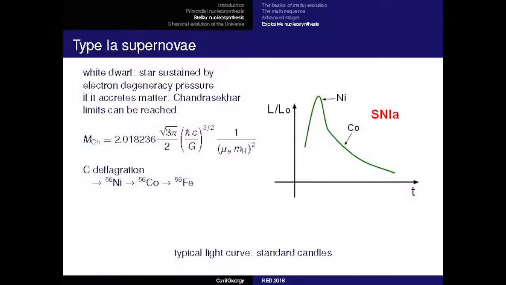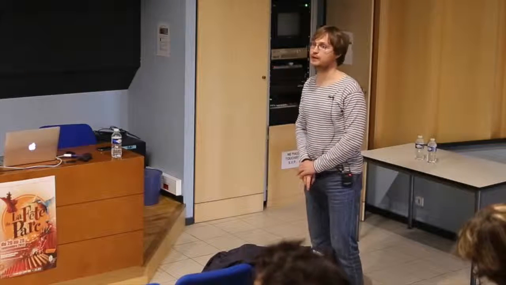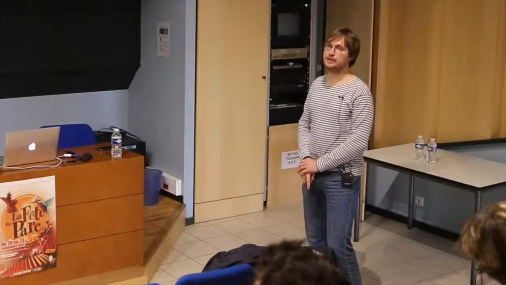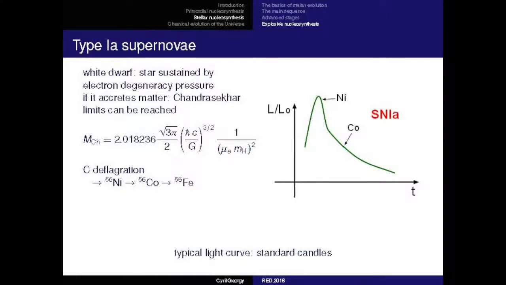These are objects whose luminosity we know, so we can use them to measure distances in the universe. And as these supernovae are extremely bright, we can observe them from extremely far away. So they are a powerful tool for measuring cosmological distances in the universe.